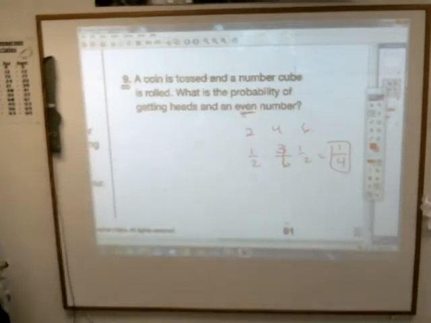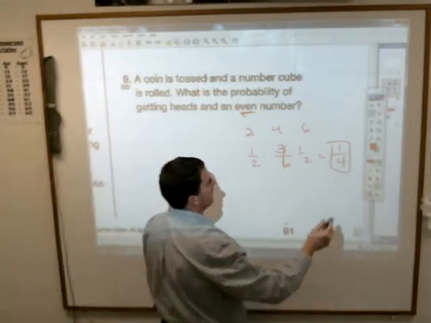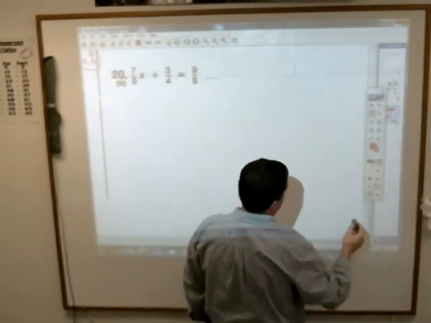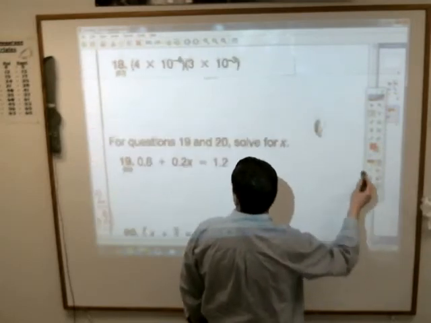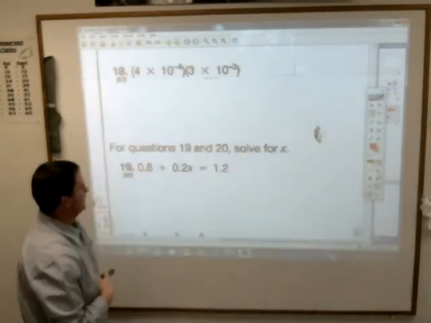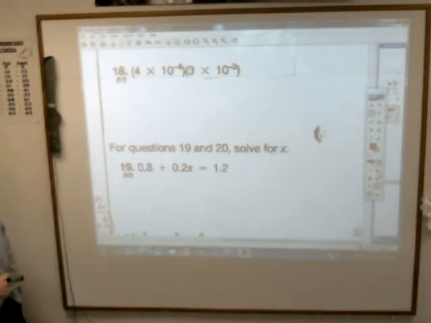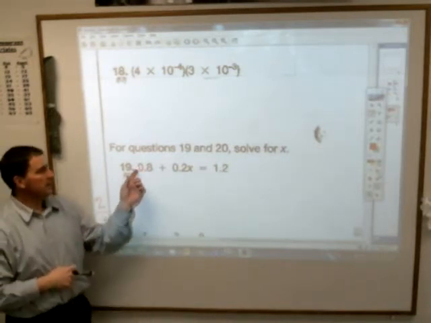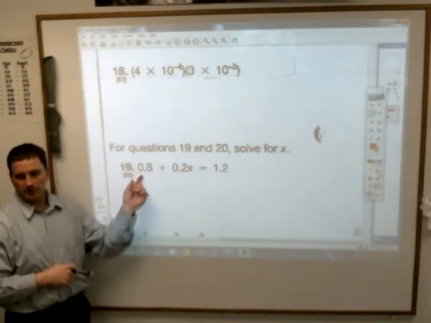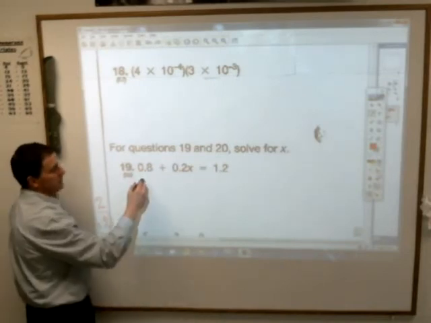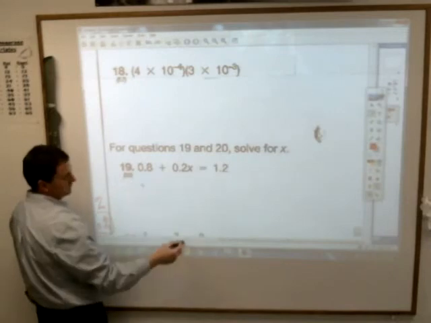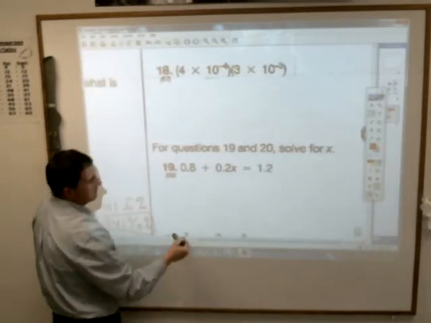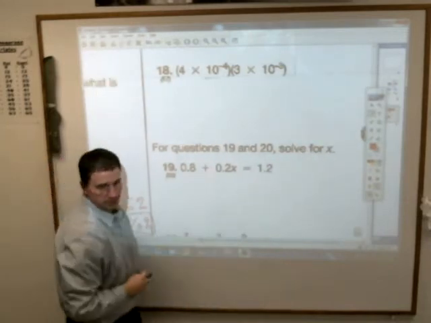Lucas. Number 19, I got 1.2. Tell me how you did that. I added 0.8 to... Well, that was your first mistake. If it doesn't have a minus sign in front of it, you can't just make it go away. You can't put those together because they're not like terms.